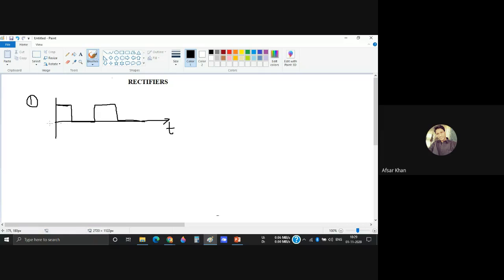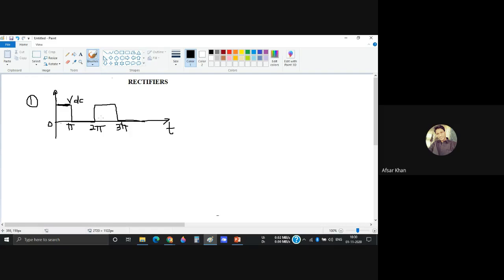Suppose this is 0 to pi, then 2 pi, 3 pi. In each period, you have one square wave, only one square wave. And this is your VDC.